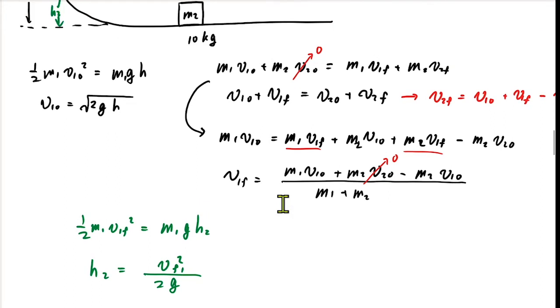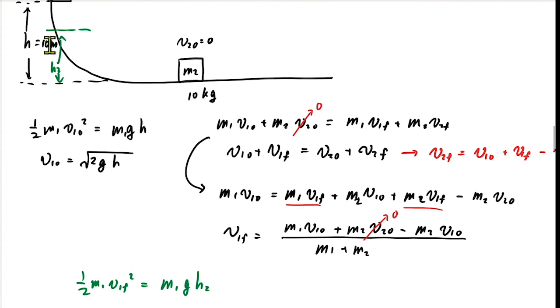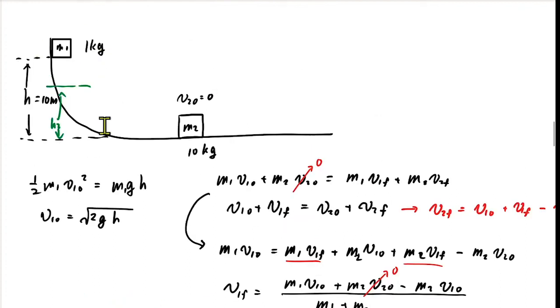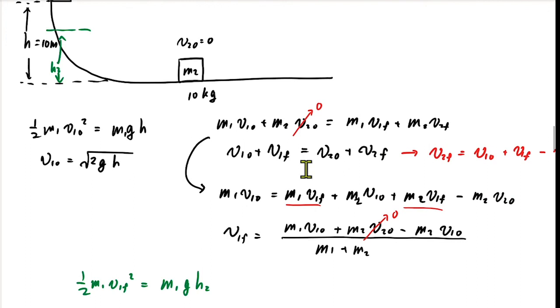So numerically, let's walk this through. You compartmentalize this problem. Part A, you figure out the velocity of this block right before the collision using conservation of energy. Now you use conservation of momentum and the elastic condition to solve for the final velocity of the block that you want.